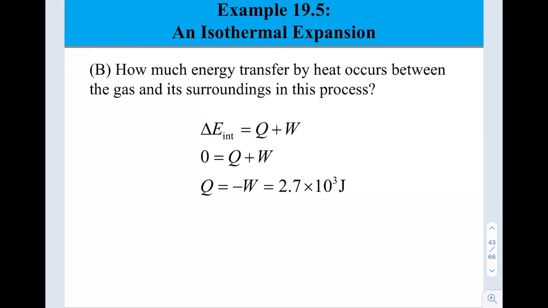We are going to explore more on this within chapter 20. So as of now, when we have isothermal, it means that delta E internal is 0. Therefore, we are left with this only. So our Q will be equivalent to negative of work done on, negative of negative 2.7 times 10 to the power of 3 joules. That is why we have a positive amount here.